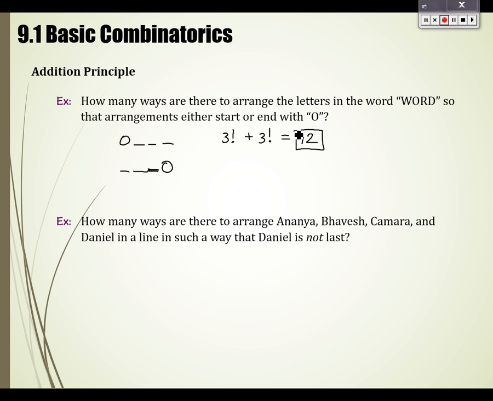Good job. So it would be 3 factorial plus 3 factorial. And you've highlighted the thing I wanted to mention on this slide too. I think this is the key word here: either you have the O at the beginning, or you have it at the end, right?